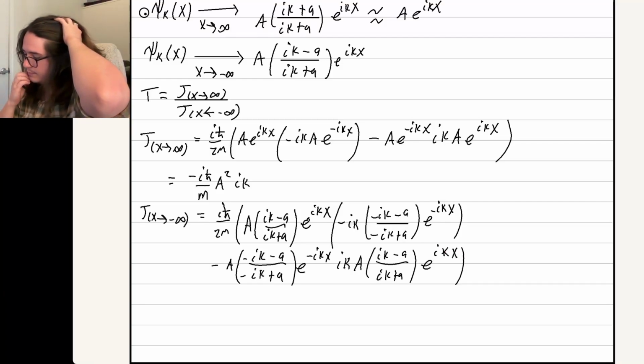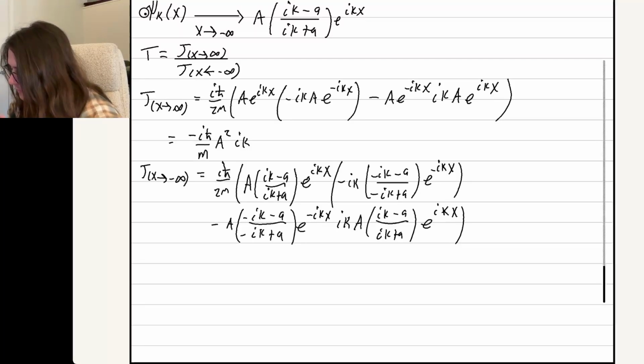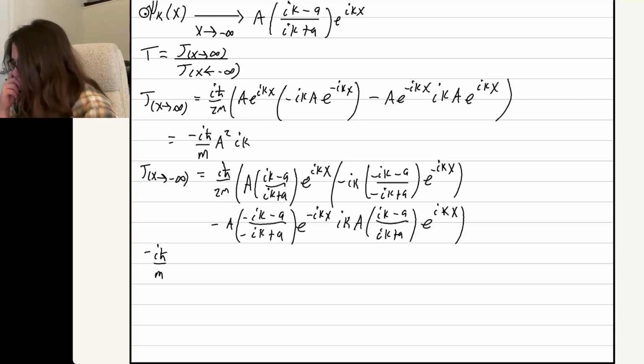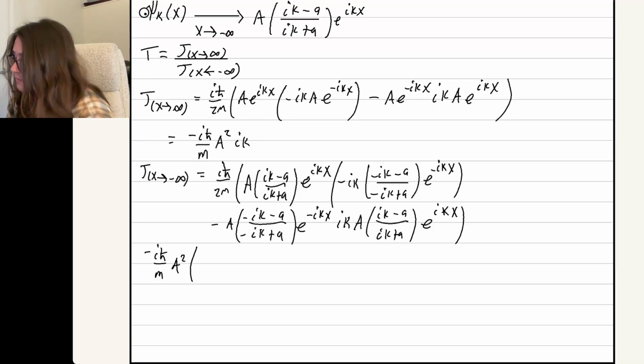Again, these two terms are the exact same. So the exponents all cancel out. We get minus i h bar over m times A squared. But then in here we just have the square modulus of (ik minus a) over the square modulus of (ik plus a), pretty much.